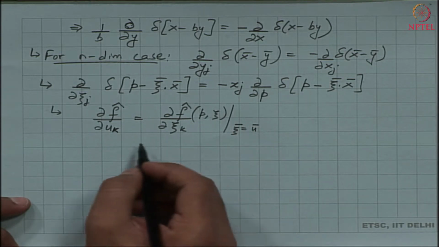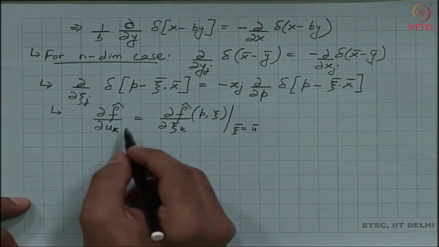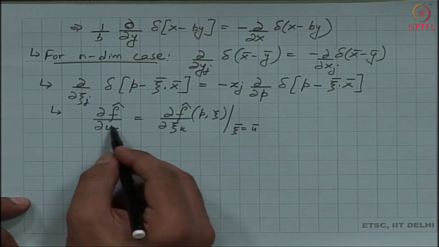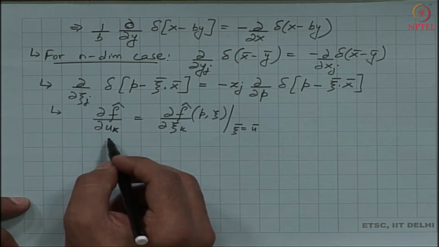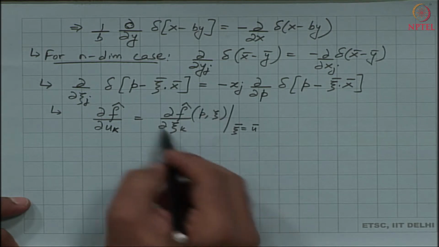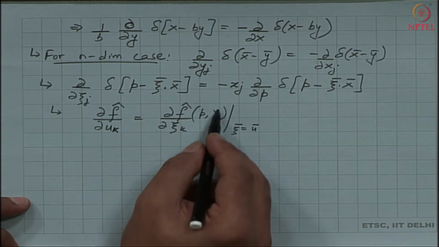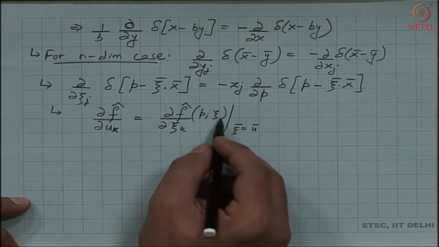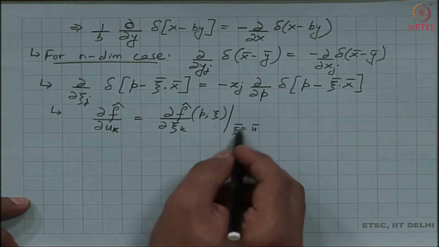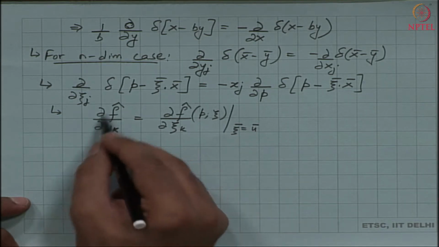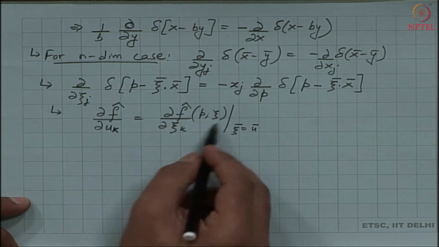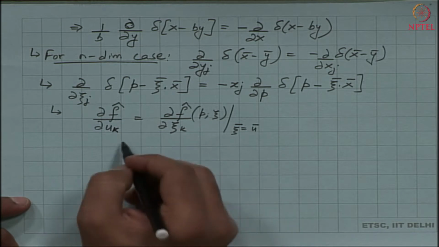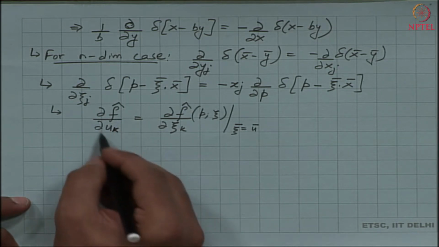So, in order to take the derivative of the Radon transform with respect to individual direction cosines, all I do is take the derivative of the Radon transform for the arbitrary variable zeta and evaluate this limit at zeta equal to the direction cosine. This equality serves as the definition of the derivative of the Radon transform with respect to the direction cosines.